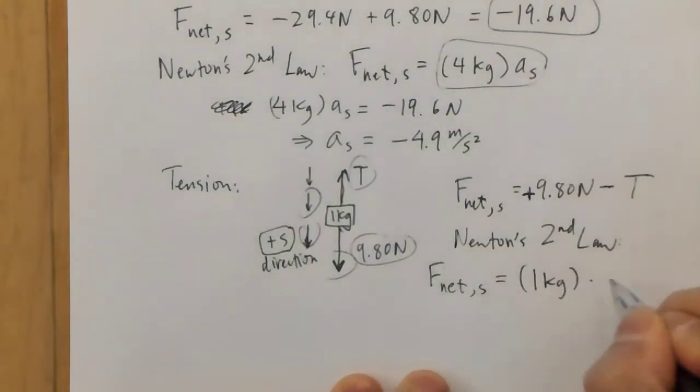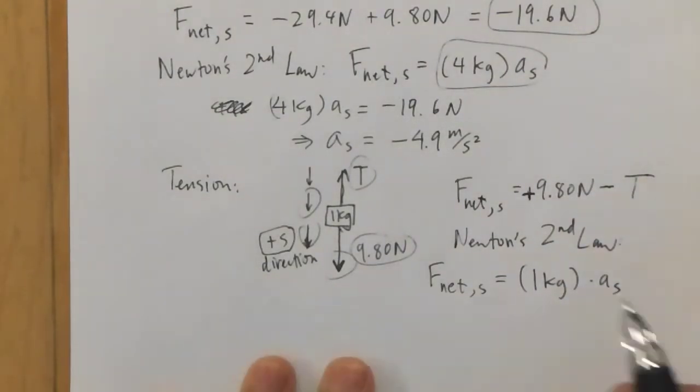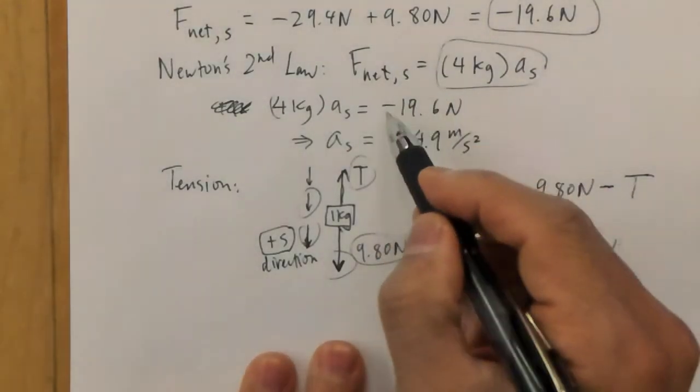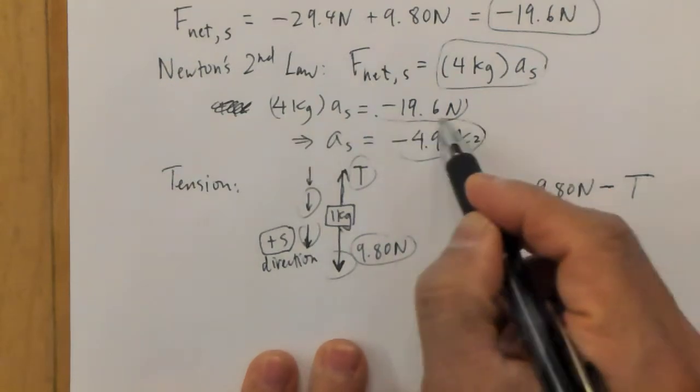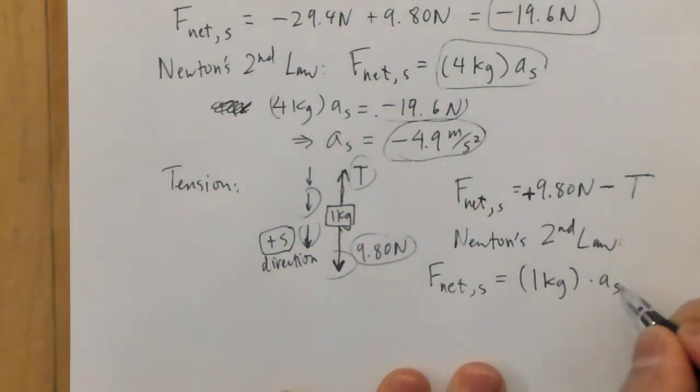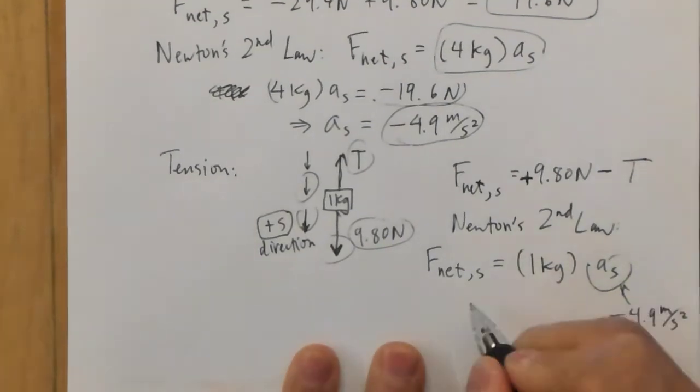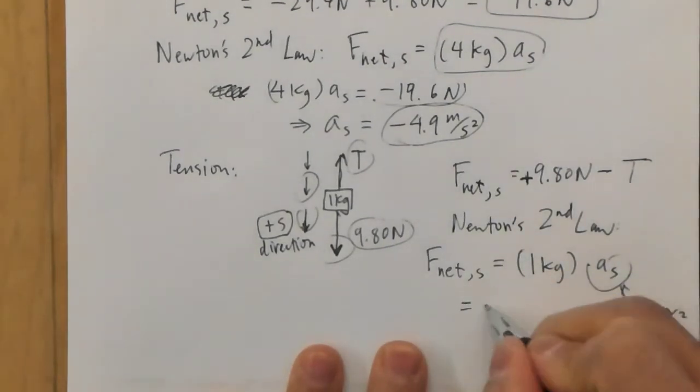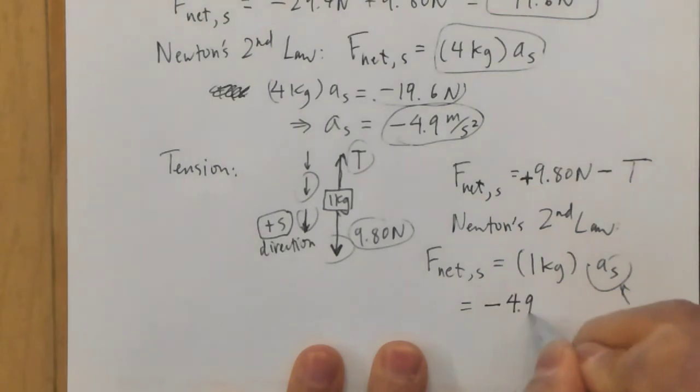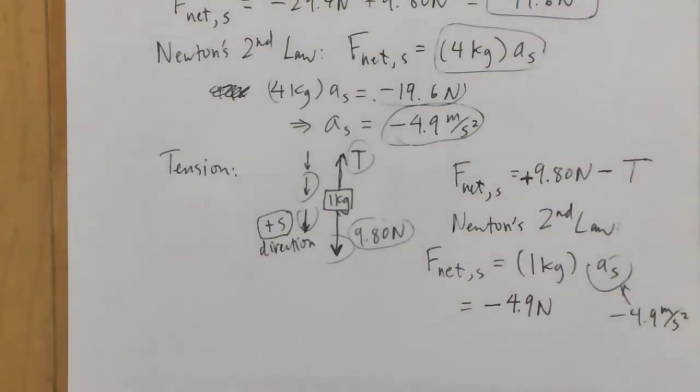So we have 1 kilogram times as. We solve for as as negative 4.9 meters per second squared. Okay, so I can finish up writing this. I get negative 4.9 newtons.